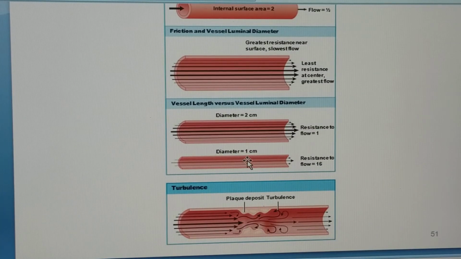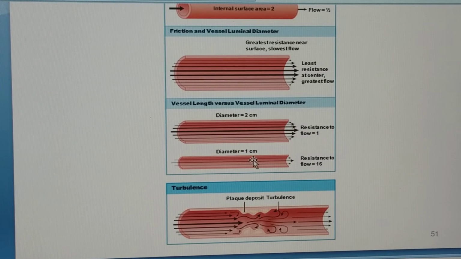When we come down here and change the diameter of a vessel, we don't double it, we decrease it by half. Here we've got a diameter of 2 centimeters, and we're going to decrease the diameter to 1 centimeter. The resistance is going to be affected by the following: 16 to 1.